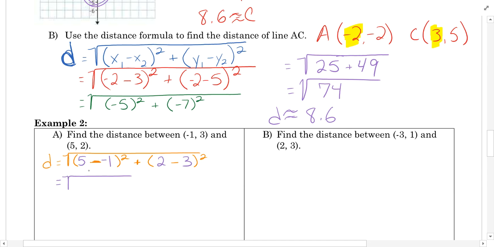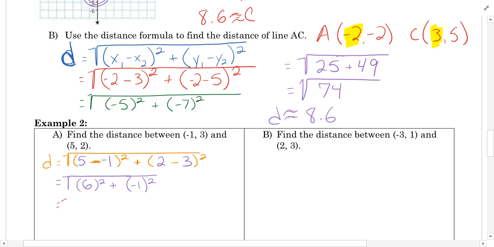So if I simplify that, 5 minus -1 is 6. So that'd be 6 squared plus, and then 2 minus 3 is -1, and -1 squared.